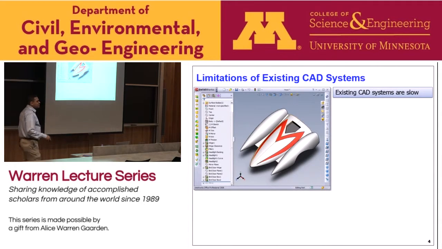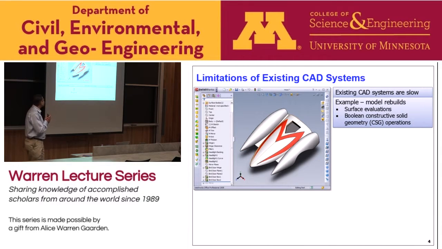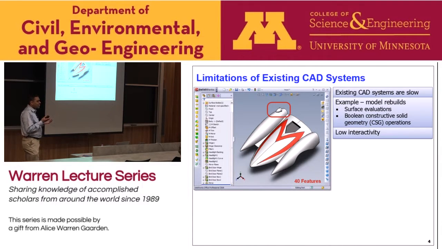Existing CAD systems also have some limitations. The first is that CAD systems are really slow compared to what you want interactively. For example, if you design a component with lots of features, you press the rebuild button, which rebuilds the geometry.